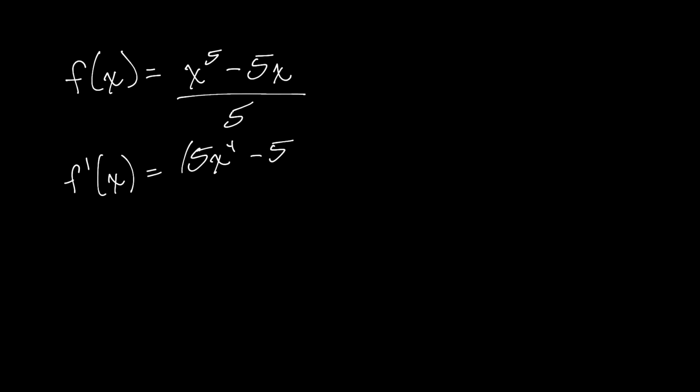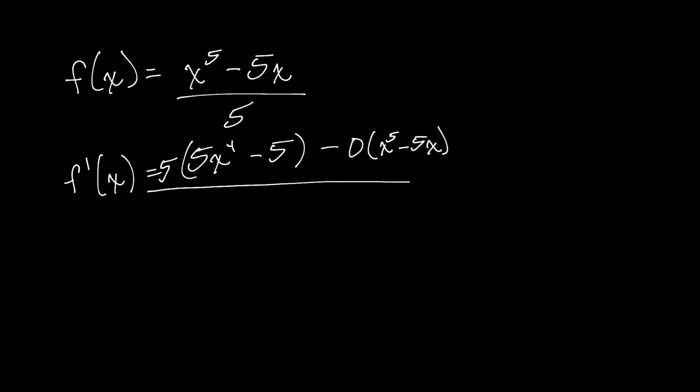So that's the derivative of the top times the bottom, 5, minus the derivative of the bottom, which is 0, times the top, which is x to the 5th minus 5x, all over the denominator squared. So 5 squared is 25. Notice that this goes to 0, because 0 times anything is 0.